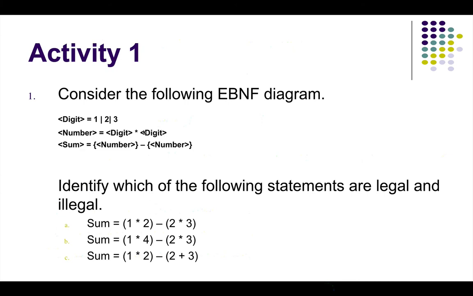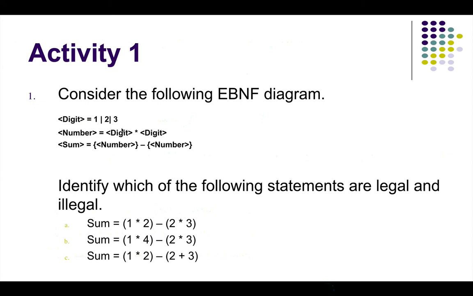But then in terms of number, what is a digit? And you'll see it's kind of like an onion. It has layers, yeah? A digit is either 1, and this is where the symbols are really important, or, because remember that's what this symbol means, 1 or 2 or 3. Okay, so let's follow this. A digit can be 1 or 2 or 3. Okay, it can't be anything else.